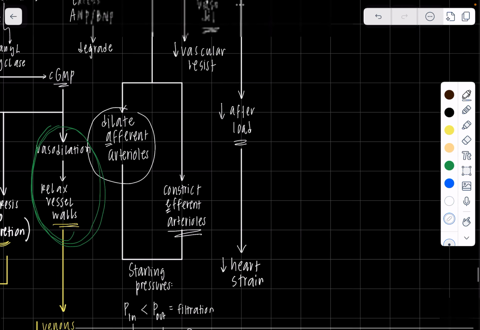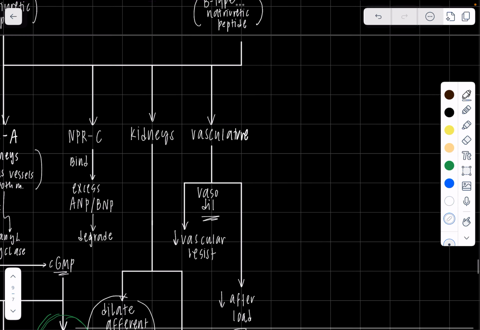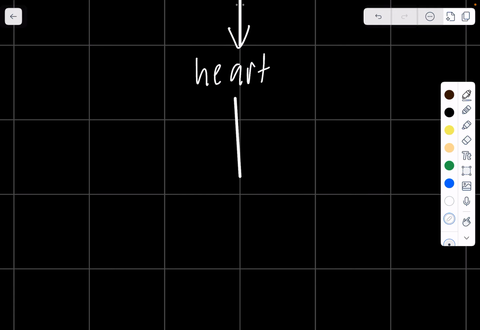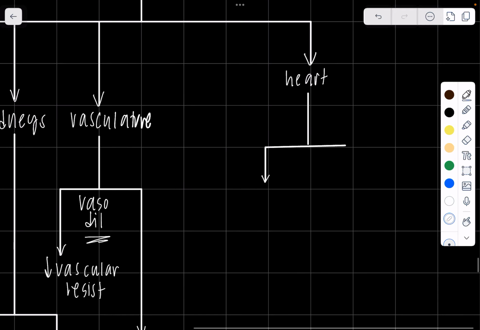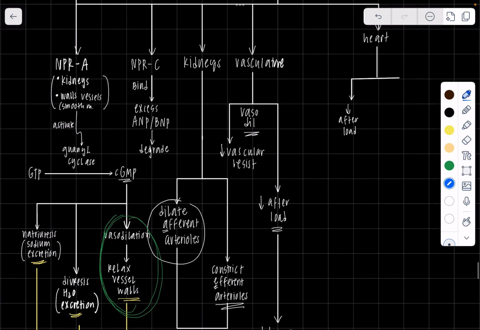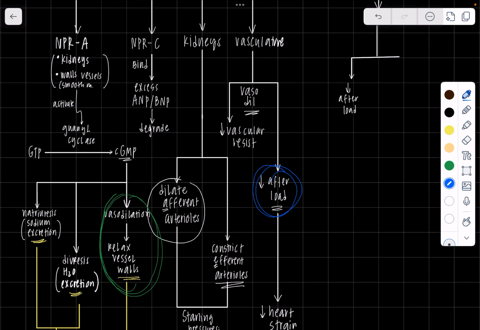Okay. And then the last thing is looking at how ANP and BNP affect our heart. We've talked about how we have a decreased afterload, right?